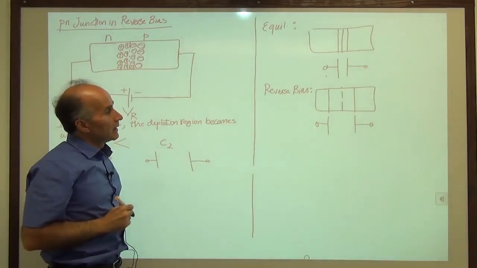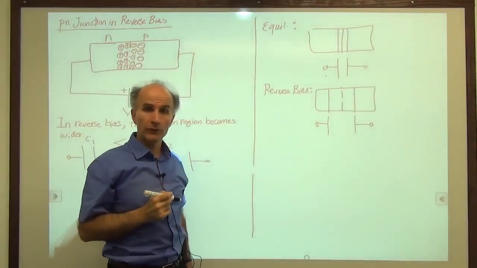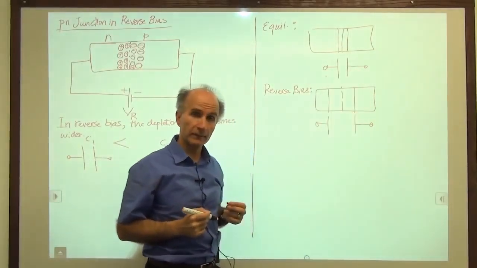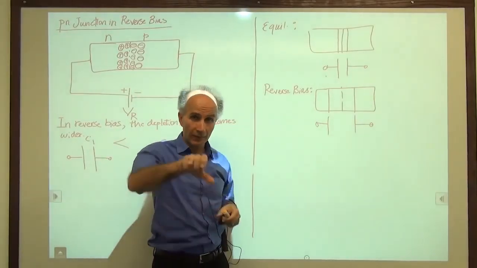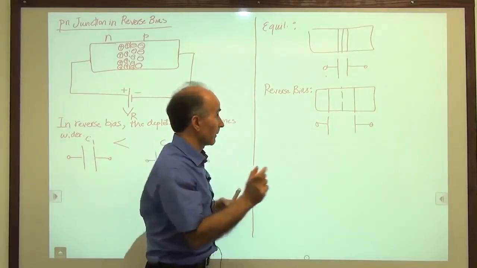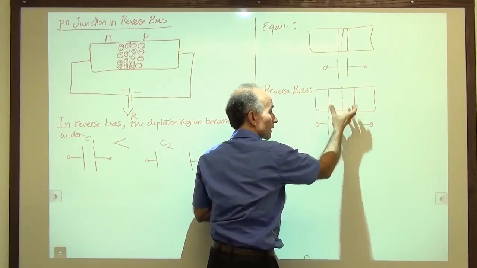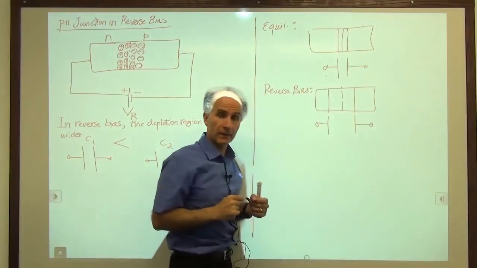Okay, so we have a capacitor whose value can be controlled. Here it has a higher value, here it has a lower value. And it can be controlled not mechanically, we don't have a knob to turn, but electronically by a voltage. If we apply a voltage across it, the larger the voltage in reverse bias, the wider the depletion region, the smaller the capacitance.